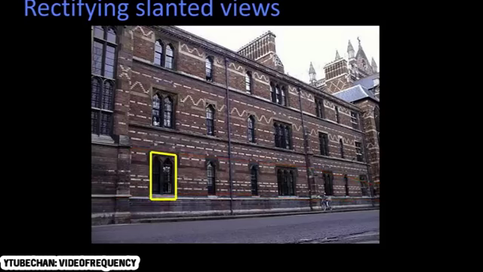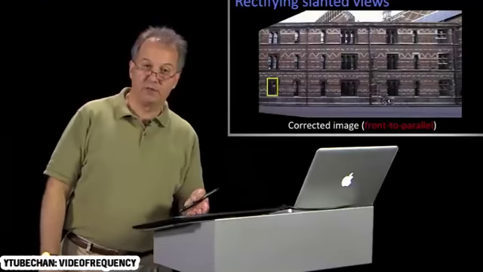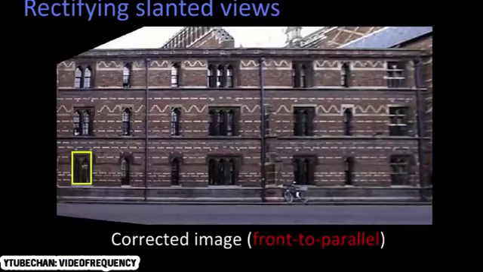Well, if we could compute the relationship between this quadrilateral, which is essentially like a trapezoid, and a rectangle, we would be able to rectify the entire building. And in fact, that would look like this. At which point you're supposed to say, ooh, that's cool. Very good. So here's the corrected image where now everything is rectilinear.